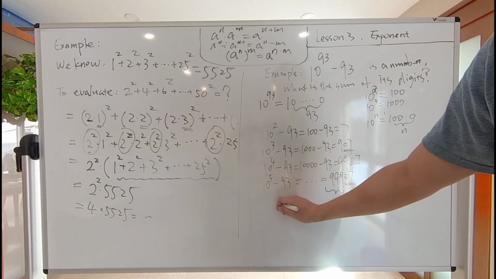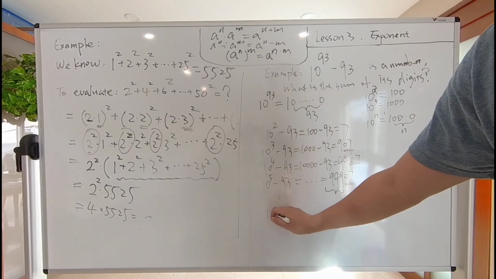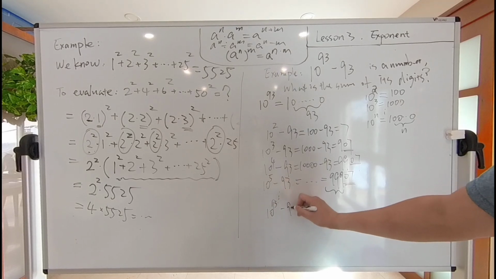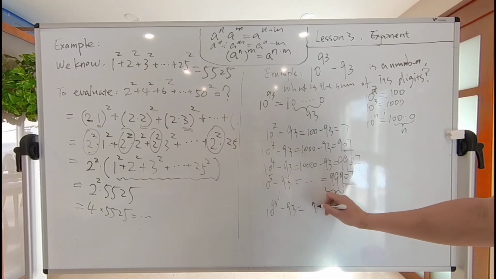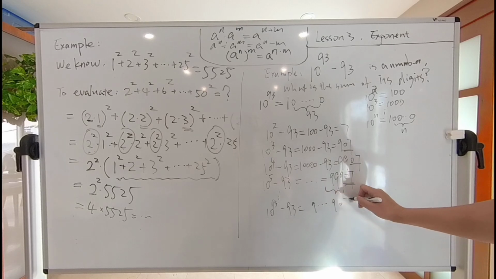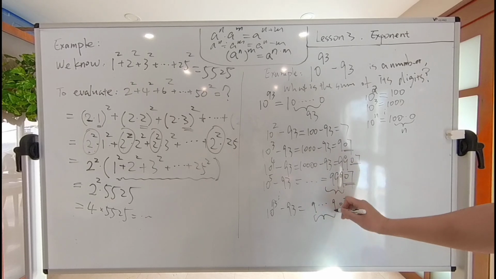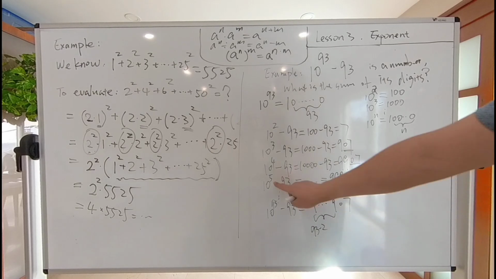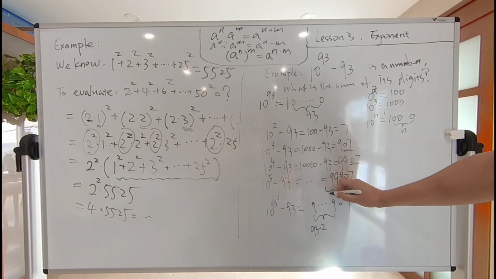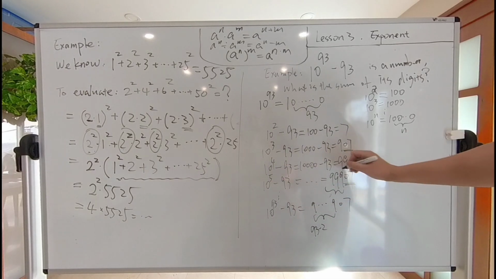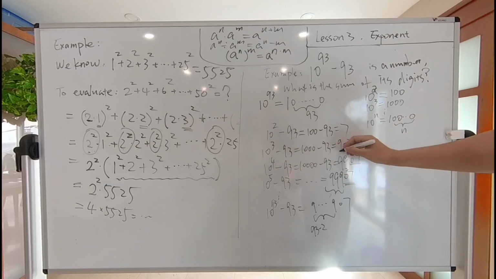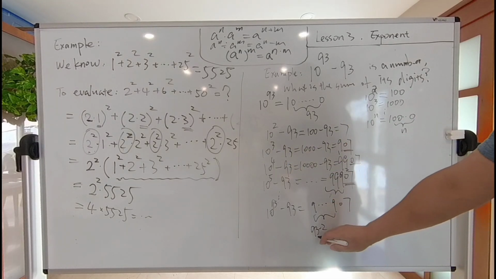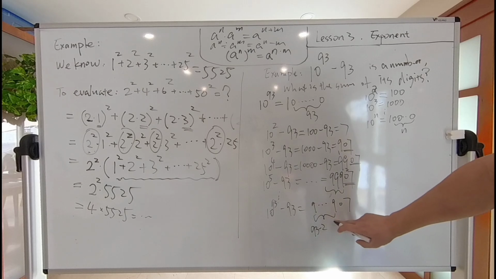So if this goes to 10 to the power of 93, I will have 93 minus 2 nines, right? This is 5, this is 3, 4, this is 2, 3, this one's always minus 2. This is the pattern. So having 93 minus 2 nines.